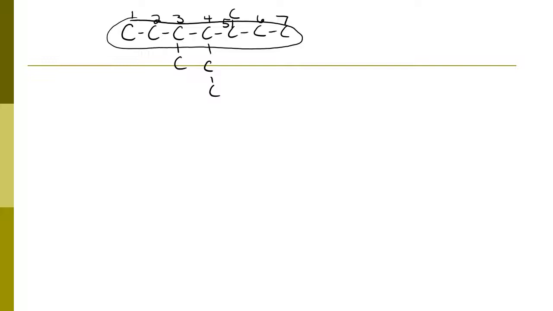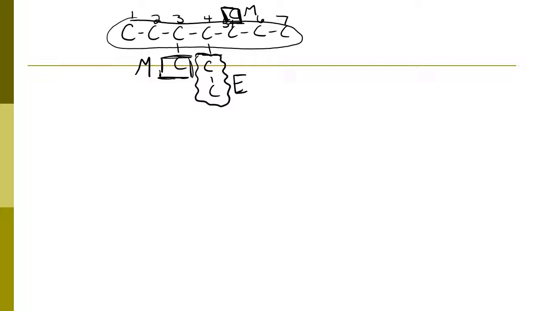So my first side group right here, well, that just has 1 carbon on it. So that is a methyl group. The next side group, well, this has 2 carbons in the chain, so we call that ethyl. And then my third side group, it just has 1 carbon. What was 1 carbon again? Oh yeah, methyl.